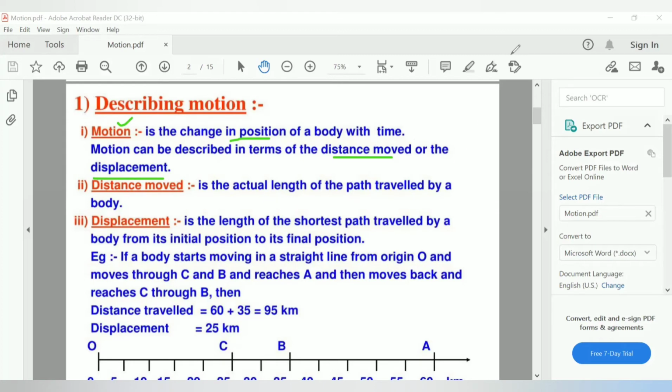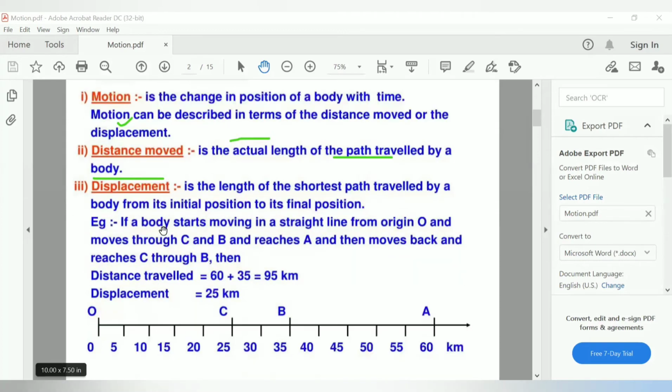Here we can assume that a person is standing, or that we have some object placed at a point. Somewhere this person is standing at point O. This is the starting point.